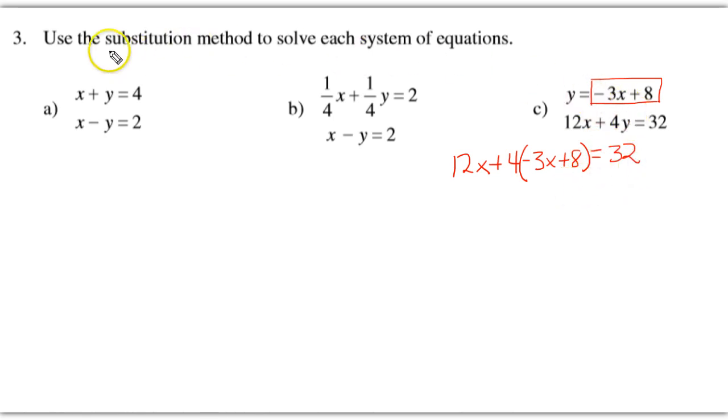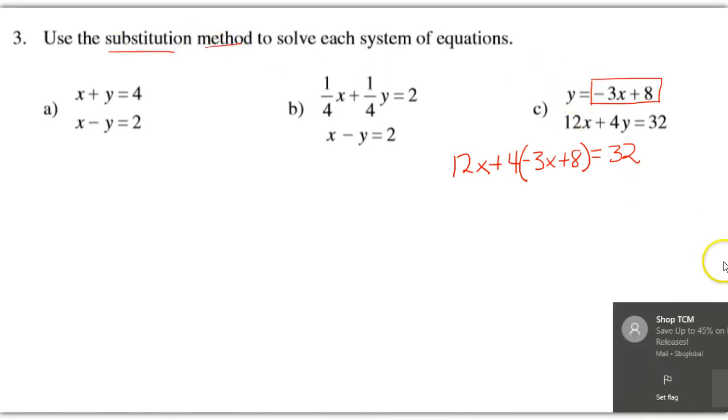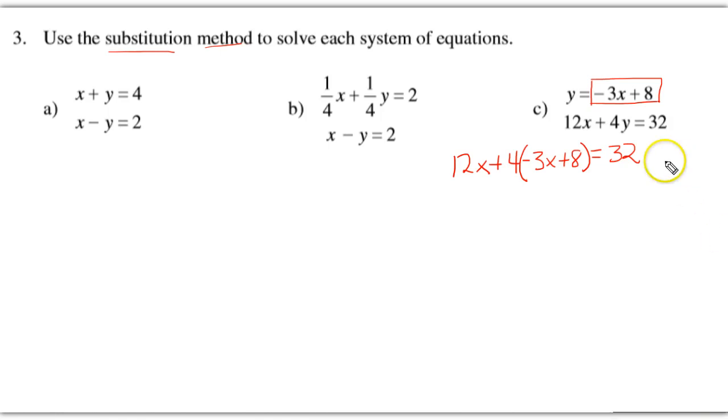So again, we're using the substitution method where we solve for one letter and then substitute that value in the other equation. y is this. So we clear parentheses: 12x minus 4 times a negative 3 is 12x. 4 times 8 is 32 equals 32.